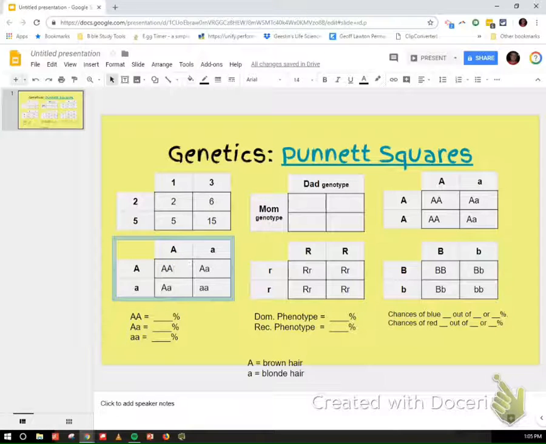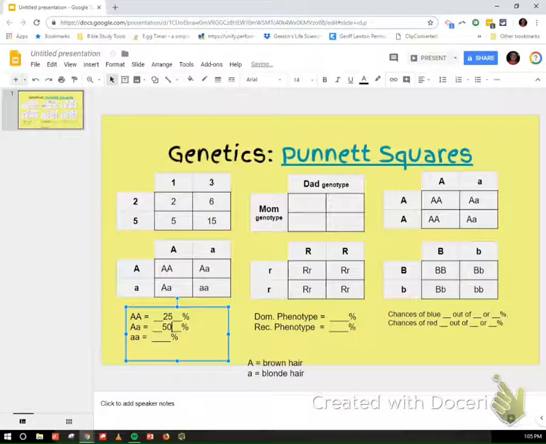There's 1 out of 4, and each of these is 25%, so that's 25%. There are 2 out of 4 that are big A, little a, heterozygous, so that's 50%, and there's 1 left over, that's 25%. Now if you got that, that's great.